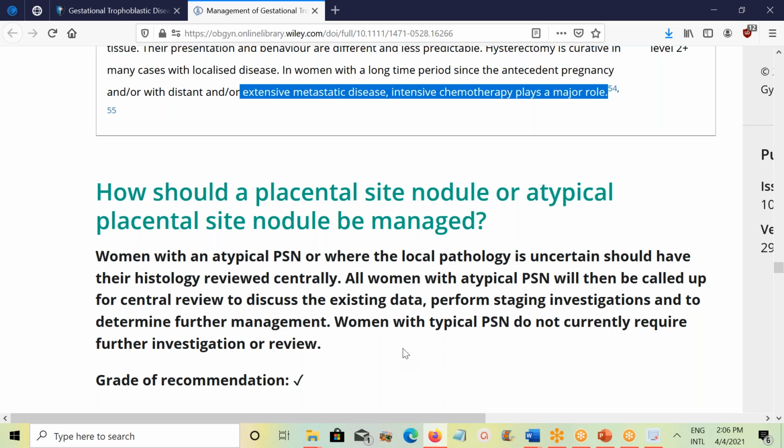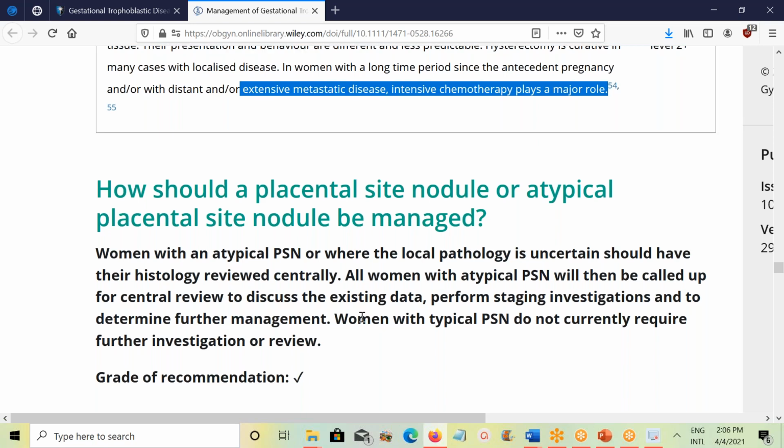Because this atypical placental site nodule can progress to tumor in about 15% of the cases. So 15% is a big number. That's why if we are uncertain of the pathology, we need to send them to the regional center for the workup, and then they can diagnose it. This is atypical placental site. Okay, that is the point.